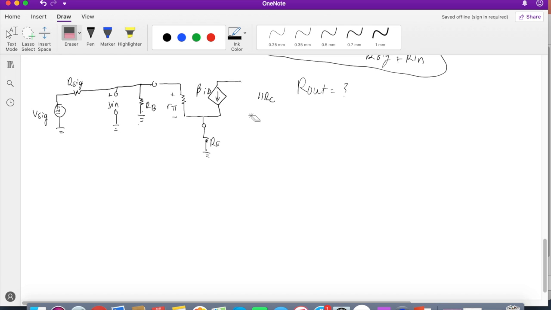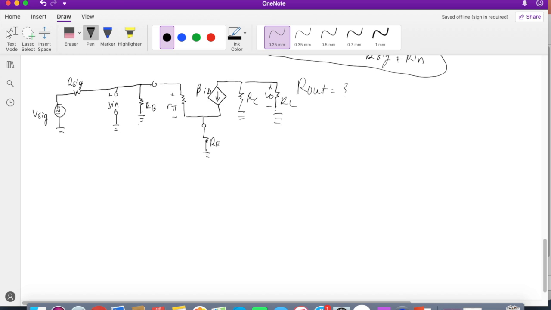So we'll have to redraw this as RC by itself in parallel with RL, where the voltage out terminal is.